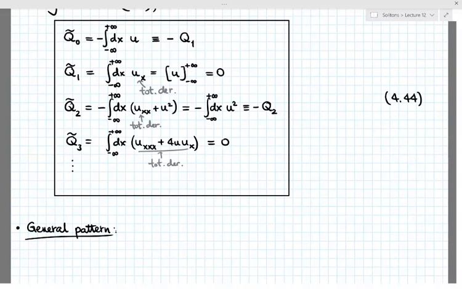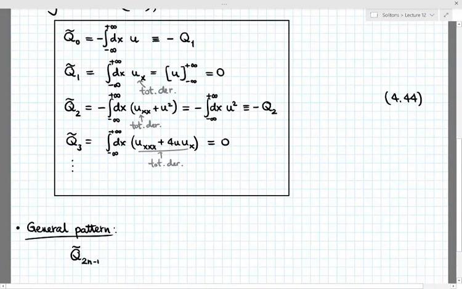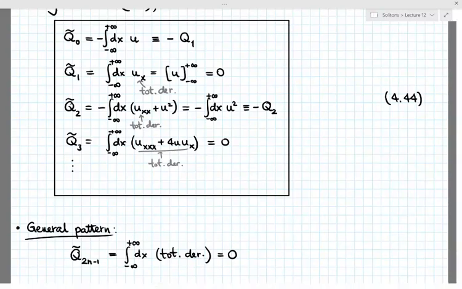But the general pattern that you can probably identify in equation 4.44 is that the Q tilde charges with odd index 2n minus 1, here n is an integer, so the odd Q tilde charges, they're all integrals of total derivatives in x. And so they vanish upon integration because all the boundary terms vanish thanks to the boundary conditions.